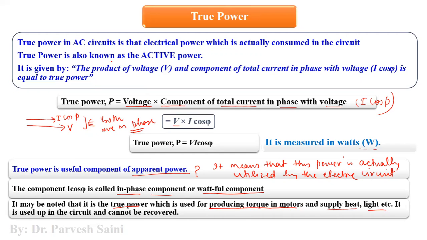It is this power which is responsible for the functioning of the electrical system, and because this power is being utilized, used or absorbed by the electrical components, this power cannot be recovered. You cannot recover this one, right?